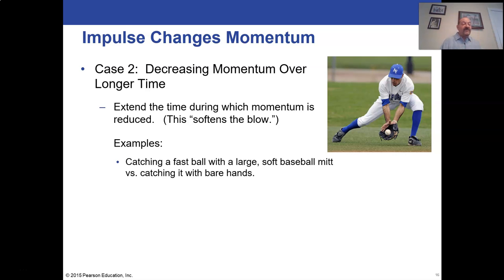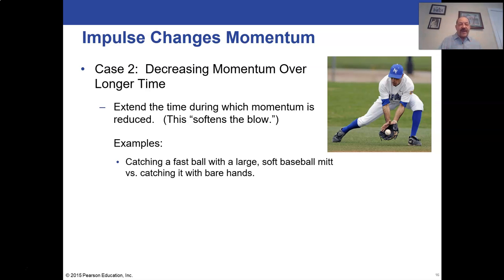And even more time than if it hit a brick wall. So a mitt is there to soften the blow by increasing the time of the collision. You increase the time, but the same impulse, you're changing the momentum by exactly the same amount. If the I stays the same and the T is greater, the force will go down.